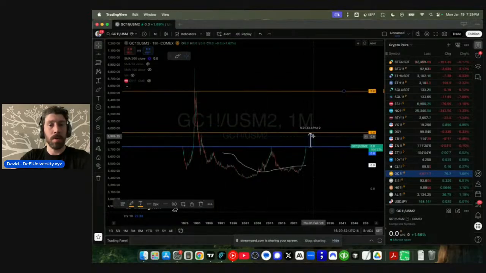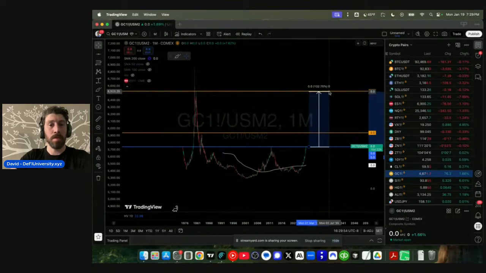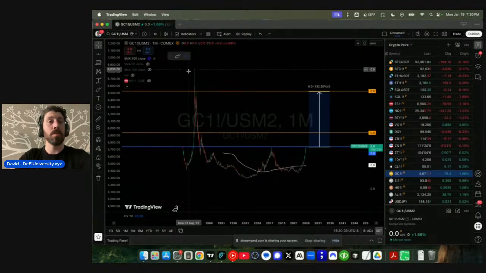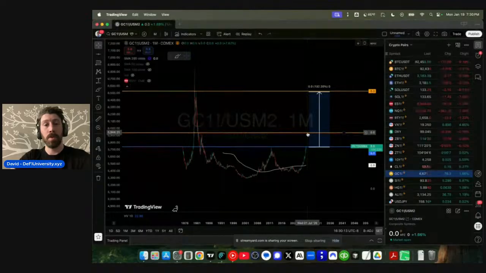And if I just go ahead and grab my measurer tool, that would mean $10,000 gold is not out of the question whatsoever. And in 1980, that's exactly what happened. That squeeze higher pushed gold to an inflation-adjusted record. So it looks like we could see gold push higher by another 35% or so at a bare minimum.